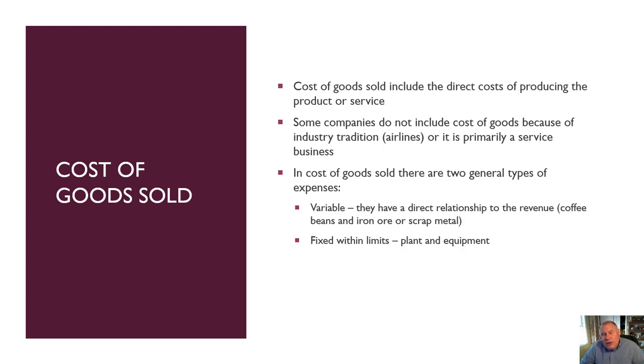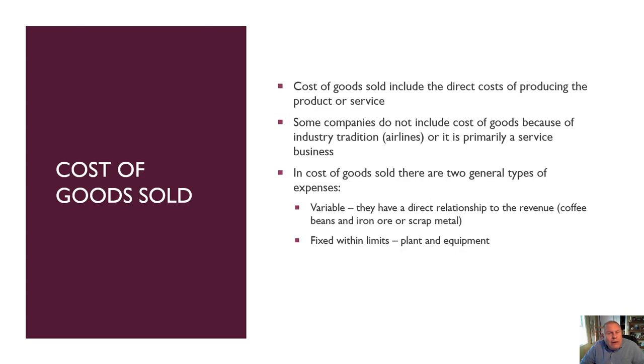The raw material is coffee beans. So if they sell more coffee beans, volume basis, we're going to see an increase in that cost of goods sold. It's going to move up and down relative to our volume indicator. And remember, that's what you computed out. So these are variable costs that are going to go up and down.